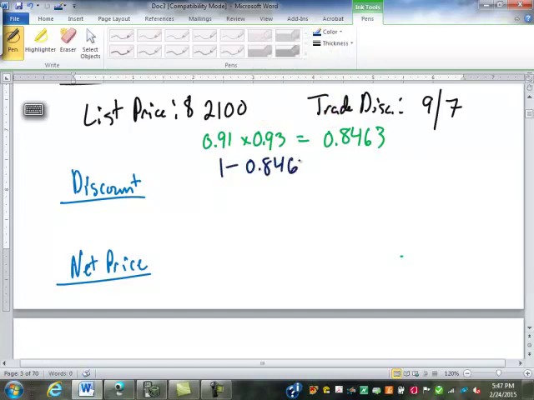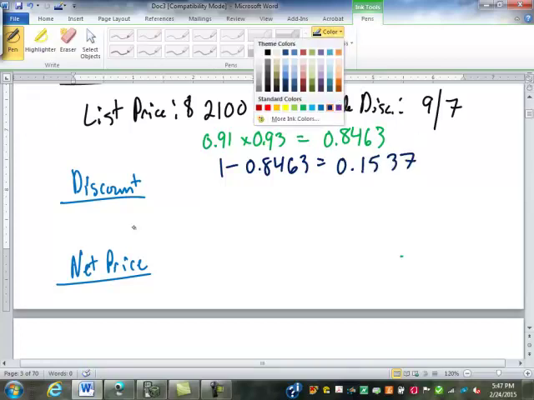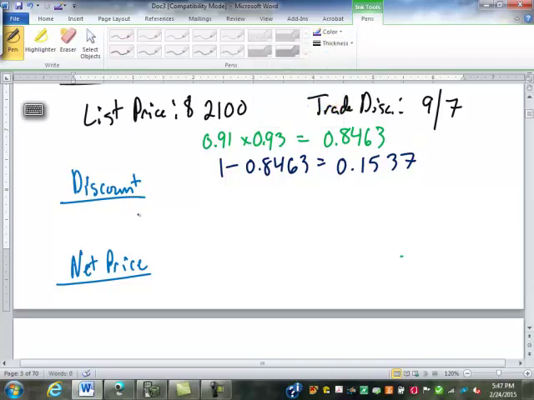So 1 minus the 0.8463 gives us 0.1537. And then the discount is found by 2,100 times 0.1537.